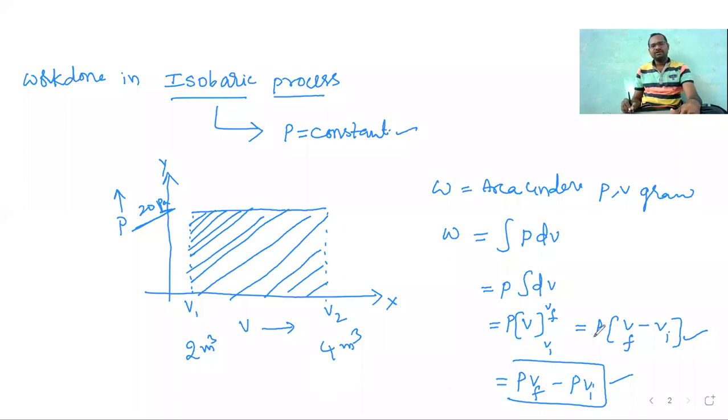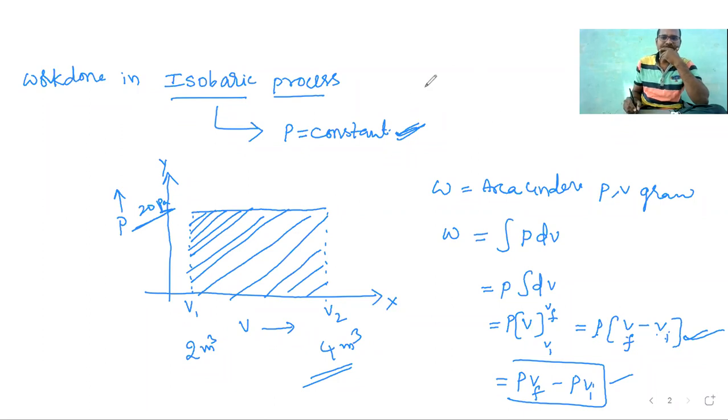Keep 20 here, 4 minus 2 gives 2, and 2 into 20 gives 40 joules as the work done. It is very easy to find. So in isobaric process, pressure will be constant, and due to that you get the formula P into final volume minus initial volume. This is the work done in isobaric process.